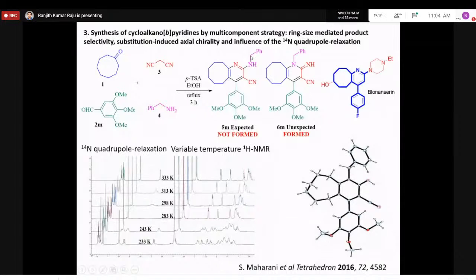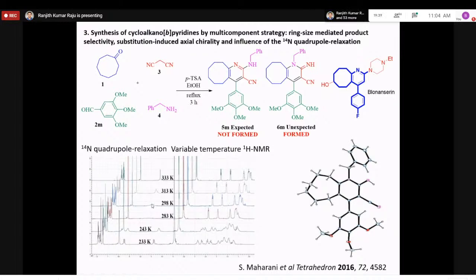And later on we found that there is the N14 quadrupole relaxation taking place. So this N14 is a quadrupole nucleus, and it relaxes these CH2 protons very fast, and these CH2 protons appeared as a broad singlet here.